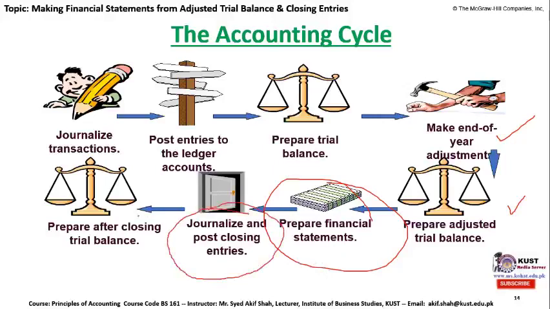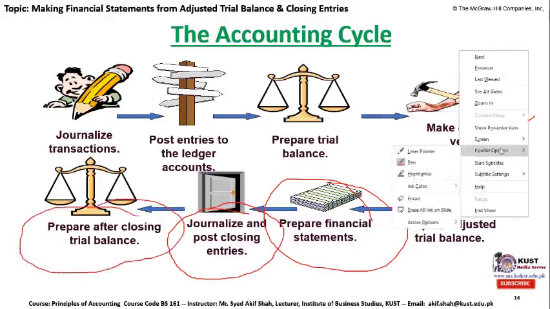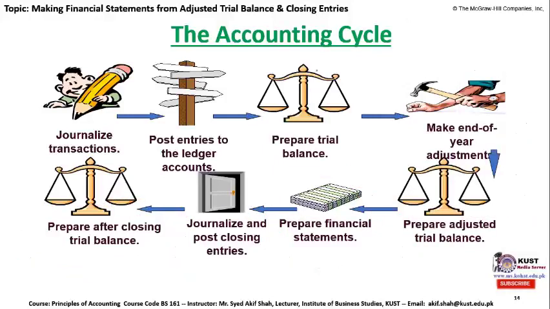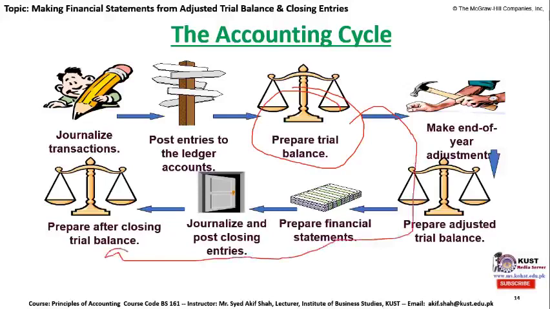And finally, after closing the nominal accounts, we have also made the after closing trial balance. So basically this accounting cycle has been completed with the help of a numerical illustration where the data at step number 3 was given, and from this data we have completed our 4th, 5th, 6th, 7th and 8th steps, and here we have completed our discussion pertaining to the accounting cycle.